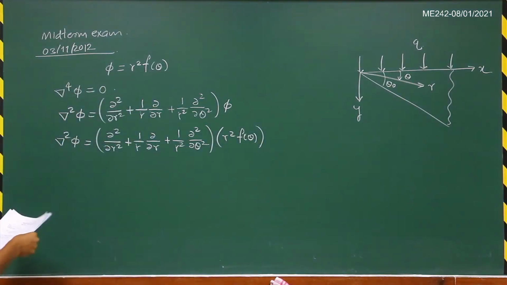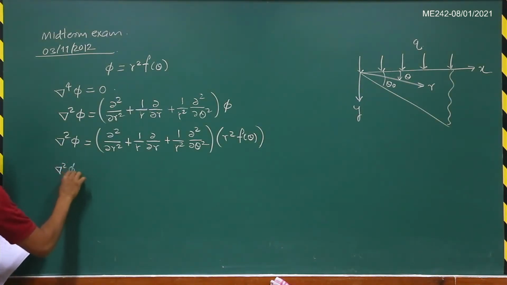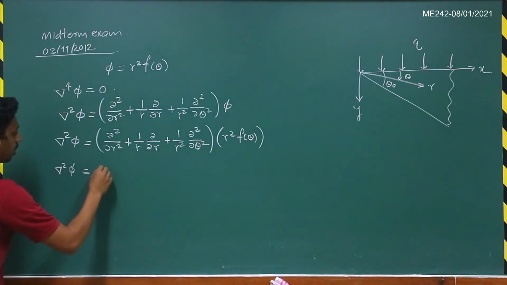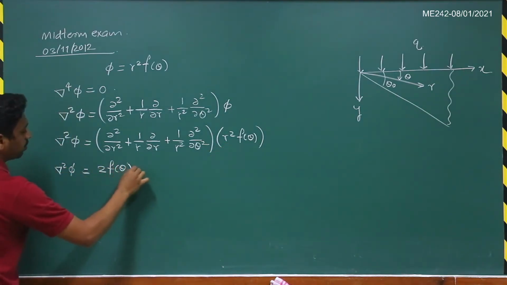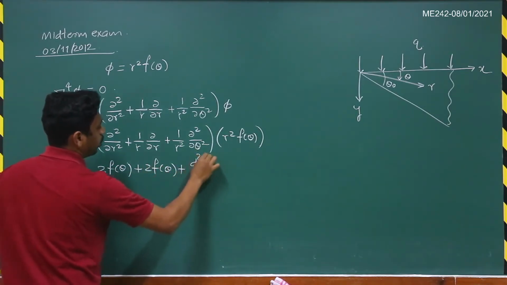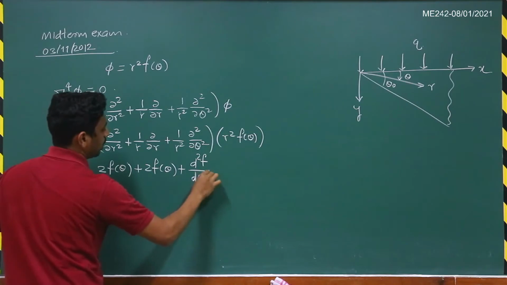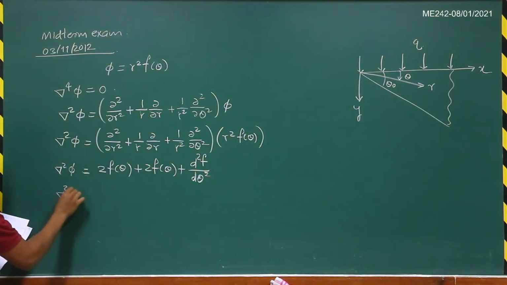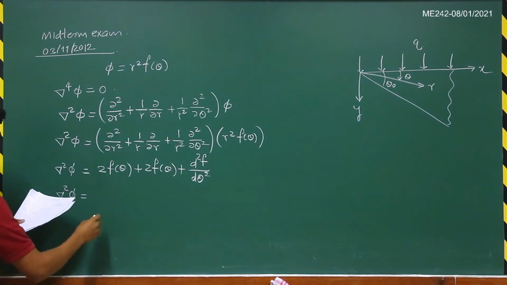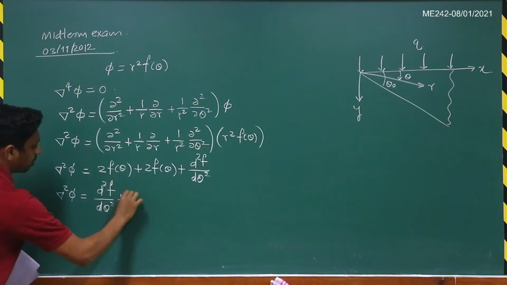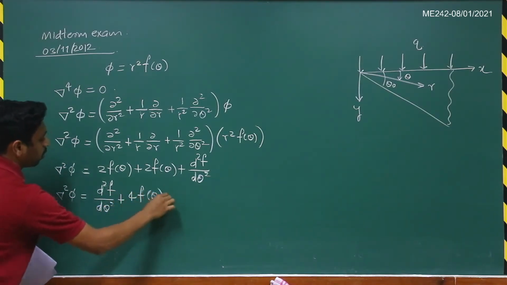After operating on this function, we get 2f of theta plus again 2f of theta plus d2f over d theta square. So in short, del square phi equals d2f over d theta square plus 4 times f of theta.